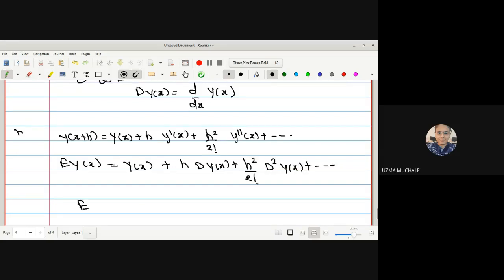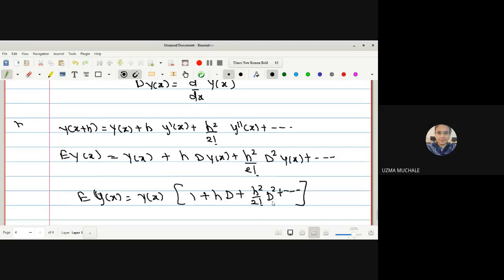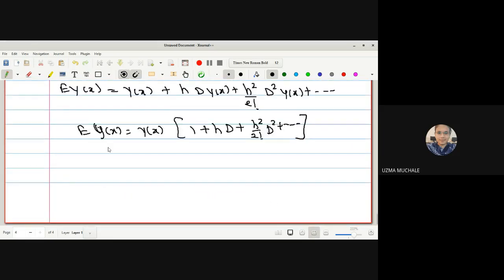Now if I take y of x common, what will be the relation? 1 plus h into D plus h square by 2 factorial into D square, and so on. So y of x is any function. Hence we can write the relation E is equal to 1 plus h D plus h square D square by 2 factorial, and so on.